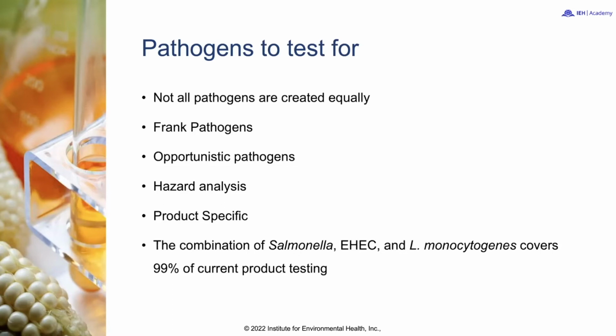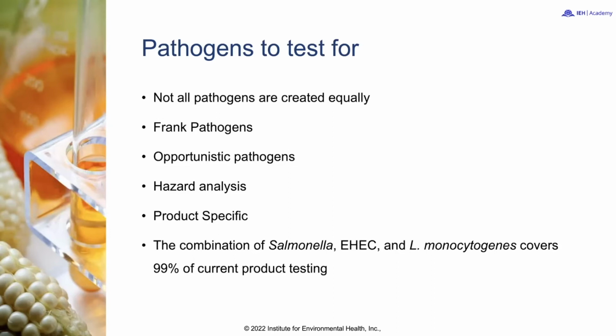It turns out, even though we're making this sound like there's a lot of fine tuning that can be done in choosing pathogens, that if you look at what's being done in the food industry from a general perspective, typically there are three pathogens, or at least three families of pathogens, that are normally tested, certainly in finished product testing.